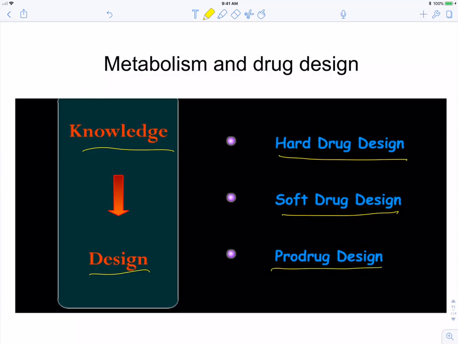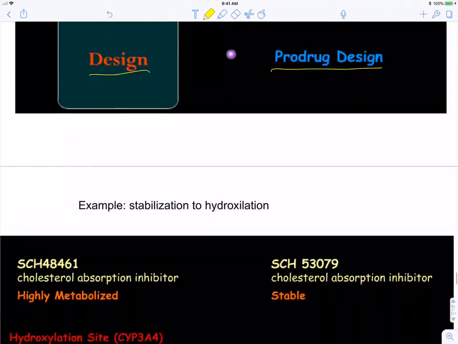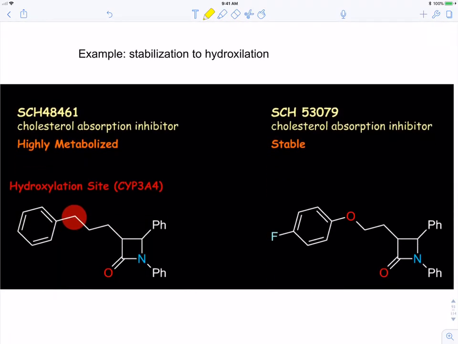Or prodrugs, and those are drugs that are only effective after metabolism. We see an example with the antihistaminic agent fexofenadine, which is activated by metabolism from terfenadine. So let's see a couple of examples of that.